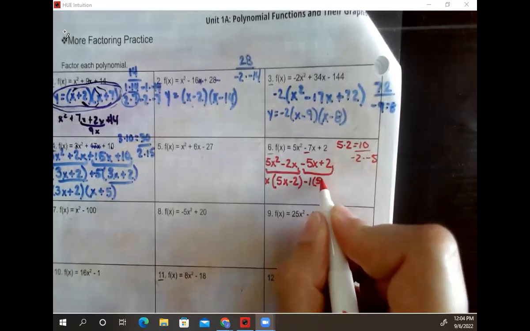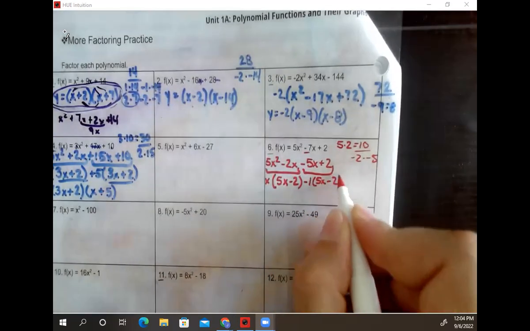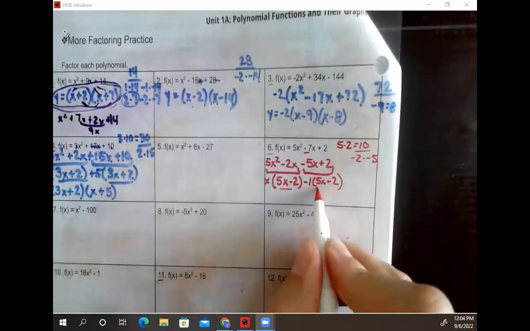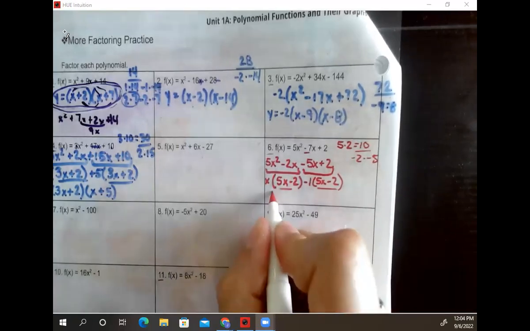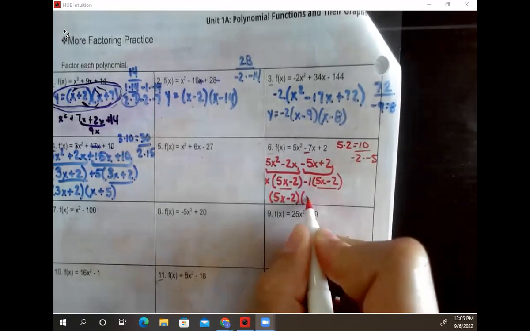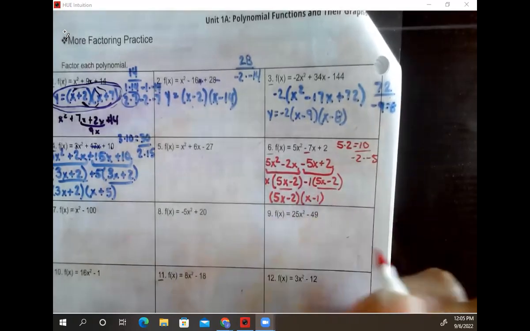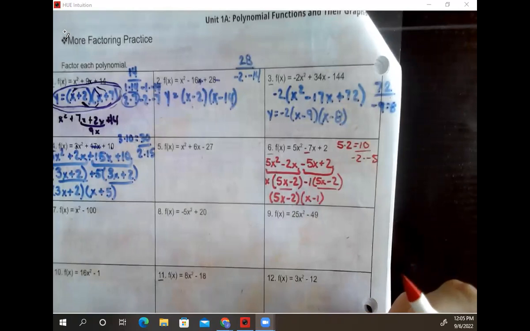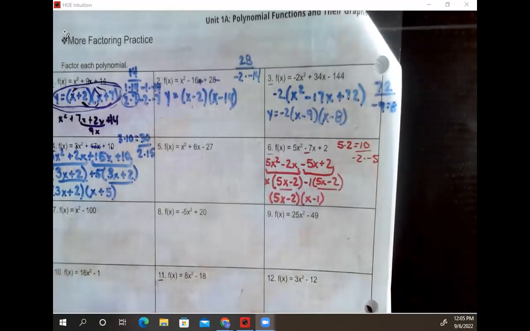So now this is positive 5x minus 2. And once I change the signs, my stuff in parentheses is the same. So that can come out, 5x minus 2. And then my other factor would be what's left over. So x minus 1. Again, be careful with your signs.